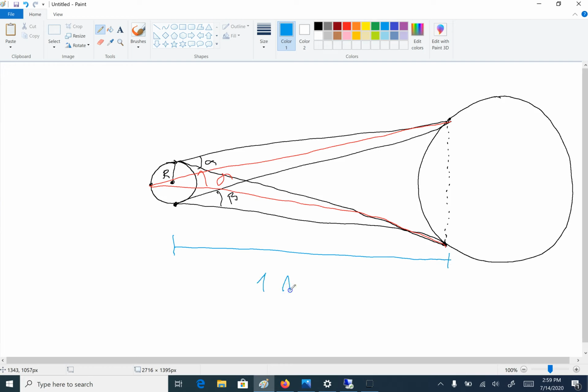And that's basically one astronomical unit. And they got pretty close, because the difference between their measurements and current measurements is only about 5% off.